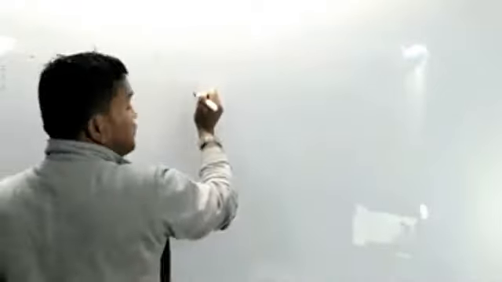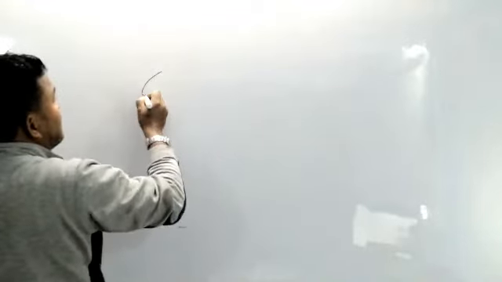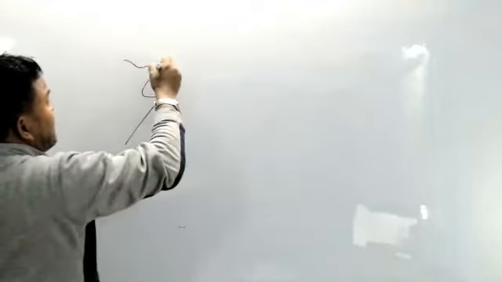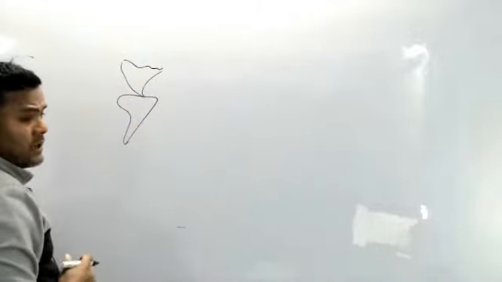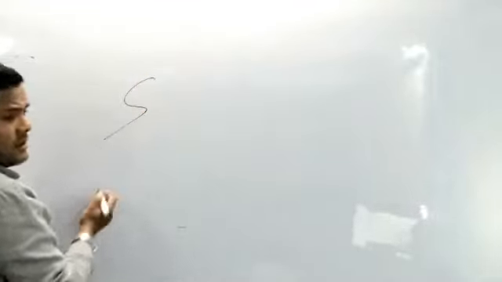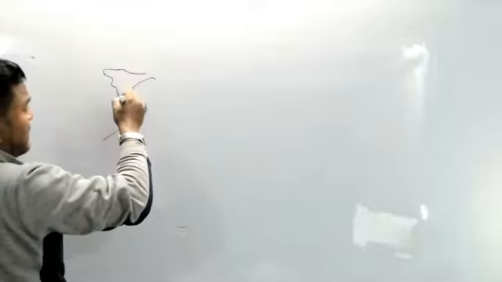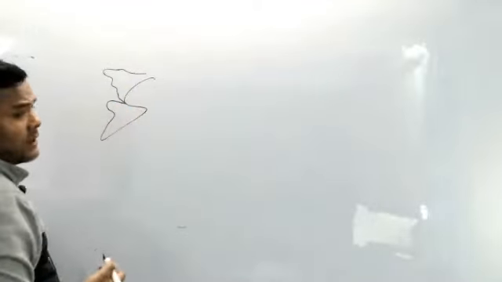You should first know the world map. Let me come to the world map again and give you a brief on the world. See, North America, South America. This is North America and below it is South America.